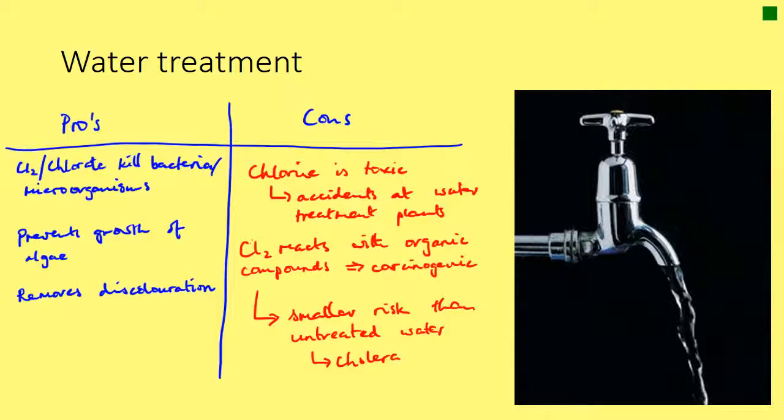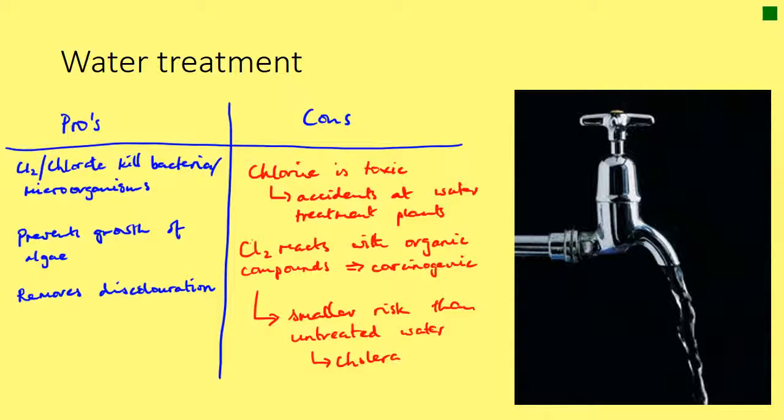But chlorine also prevents growth of algae, which would otherwise smell and look ugly around any sort of settled water, like pipes and plants. So it prevents the growth of algae as well, and also removes discoloration.